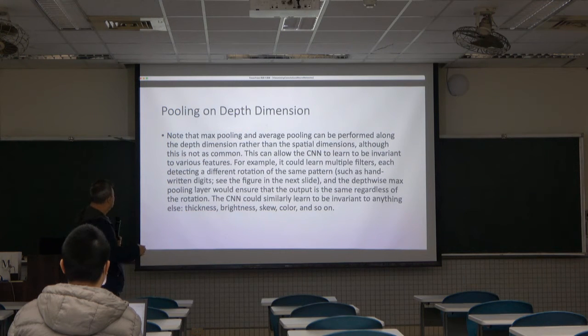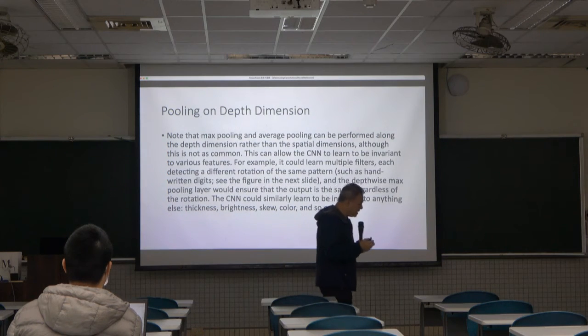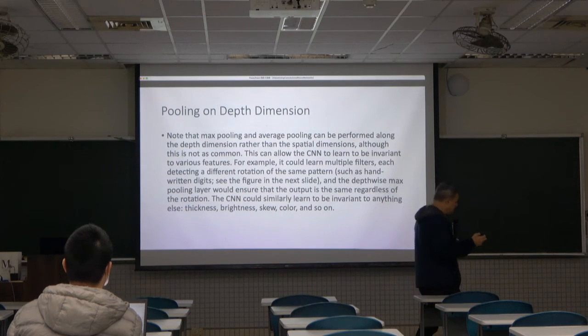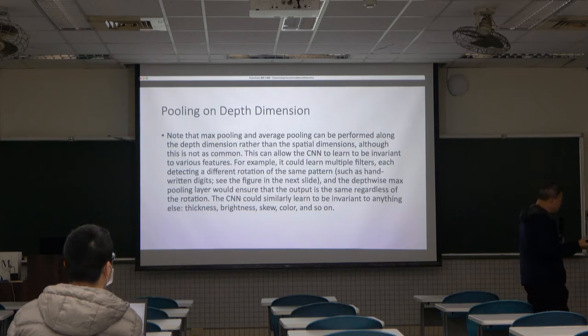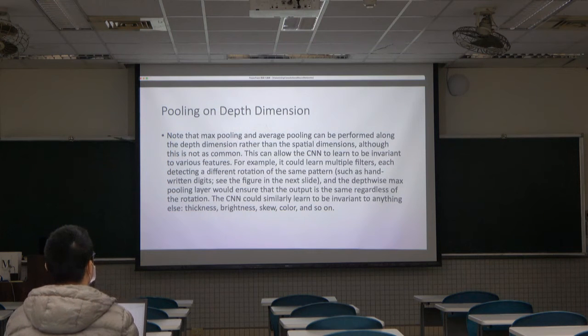You can expect the same thing to happen, because as I said, the pooling layer allows you to create invariance. So once you use the pooling layer over the depth dimension, you also allow it to create invariance over different features. So what does that mean?